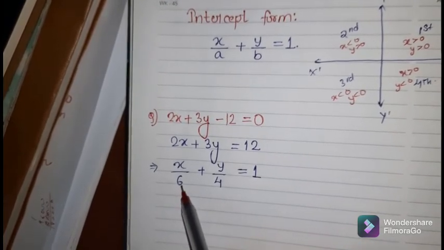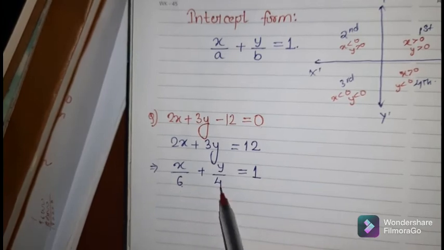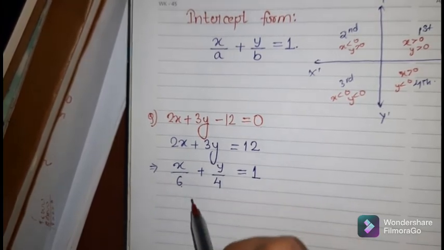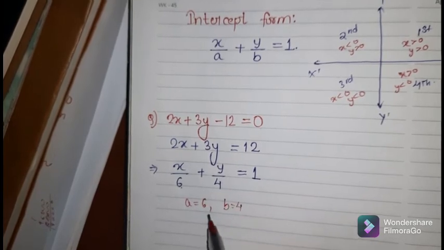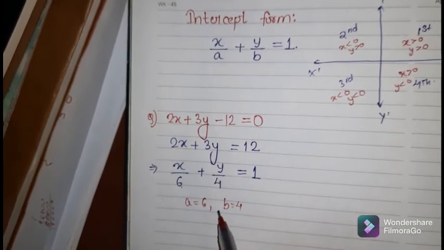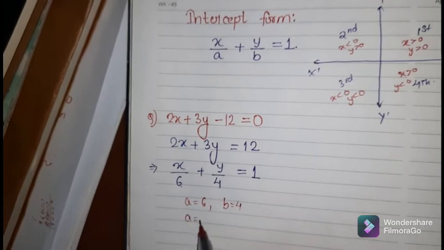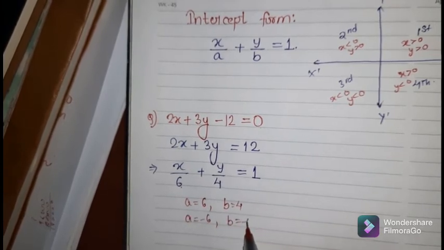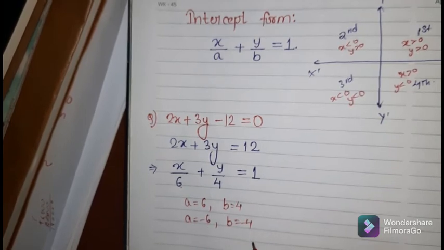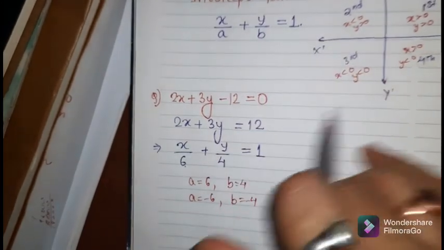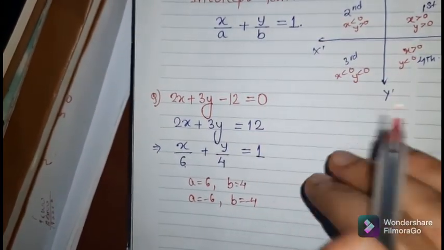If we get the intercepts a and b as positive, here a is 6 and b is 4, they are positive. If an intercept is negative, suppose you get a equals minus 6 and b equals minus 4, it means they form intercepts on the negative side of the x-axis and the negative side of the y-axis. Okay, so this is all about the linear function and linear equation.